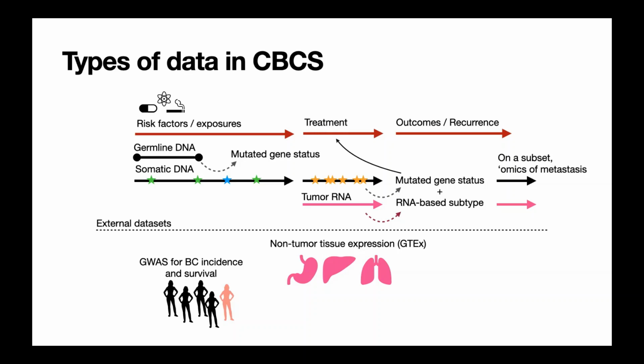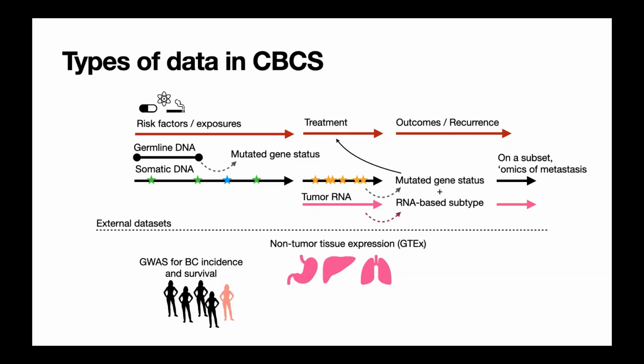So we can also look at the mutated gene status in the tumor, which is different from the germline mutations. So an inherited mutation of an oncogene versus an acquired mutation during oncogenesis. And we measure the RNA of the tumor, and we get this RNA-based subtype. Those are the ones I've been showing you, like basal, HER2-enriched, luminal A, luminal B. So we measure that from the RNA in the tumor.